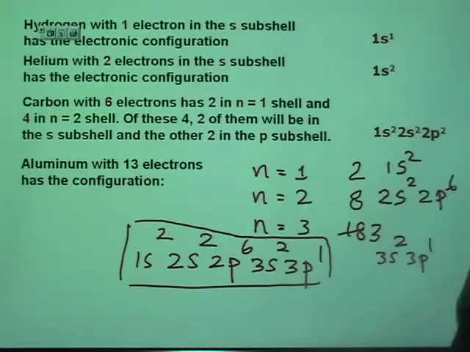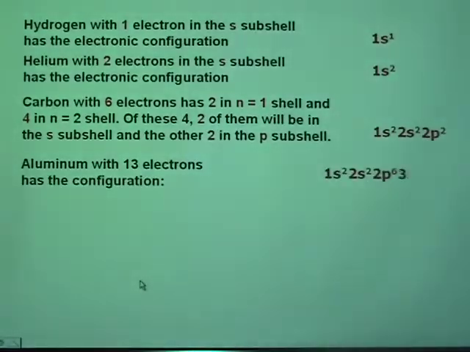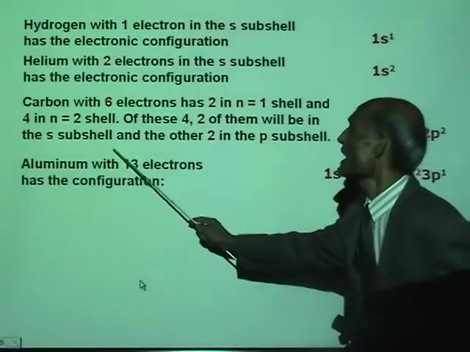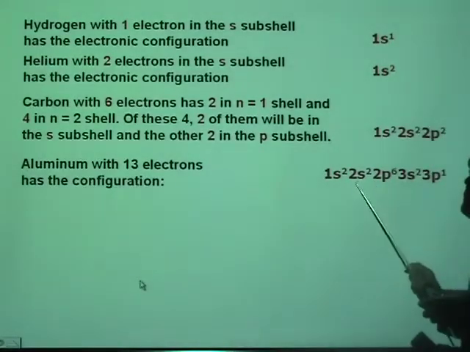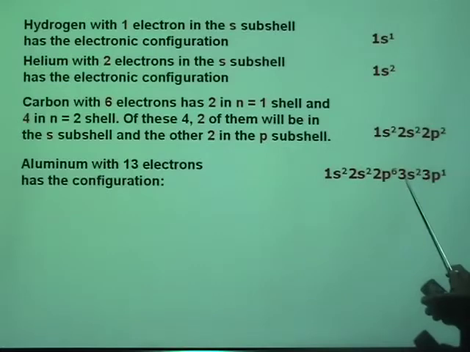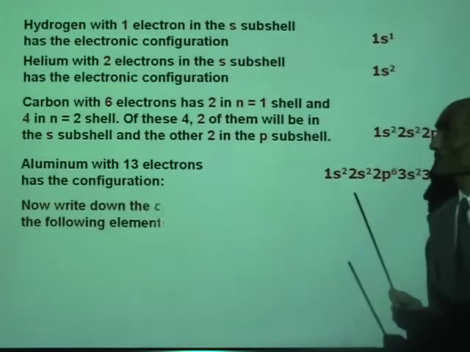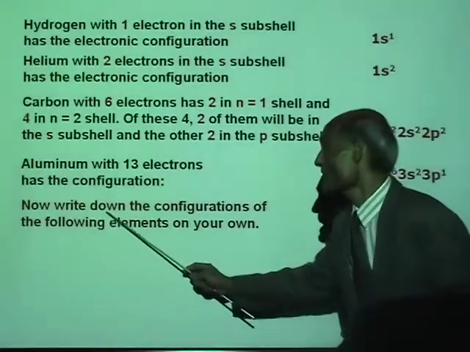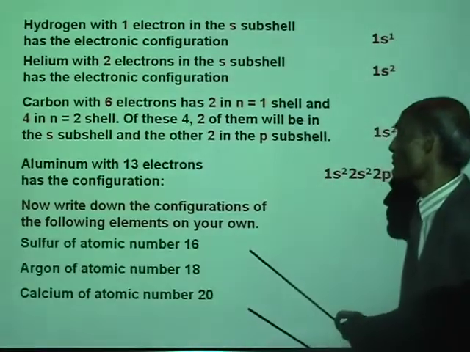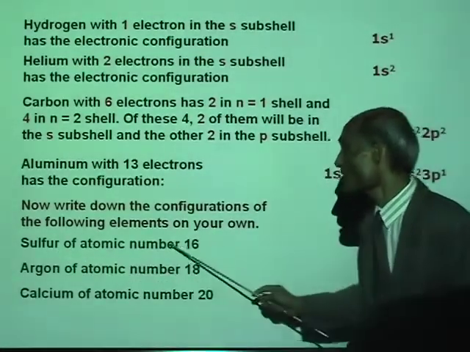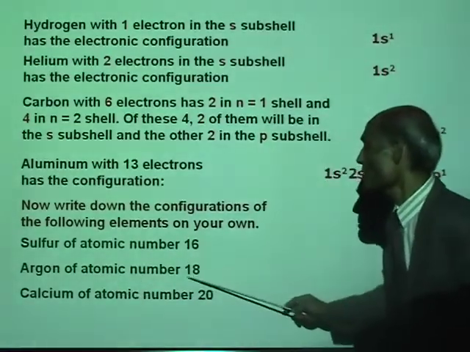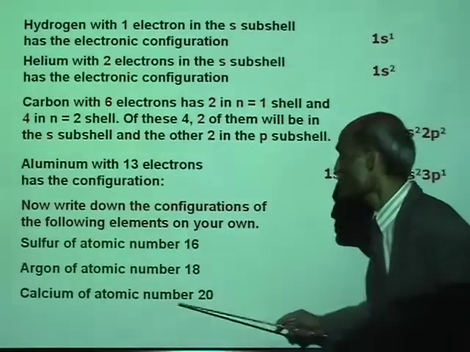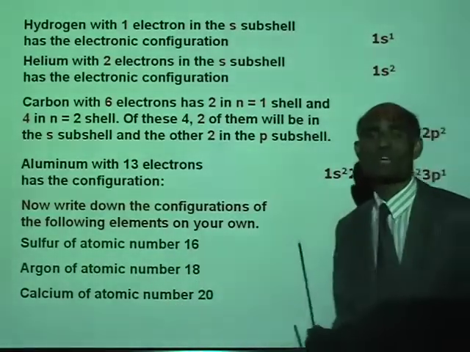Okay, I'm going to ask you to do one like this on your own. Aluminum with 13 electrons is 1s2, 2s2, 2p6, 3s2, 3p1. Now write down the configuration of the following elements: sulfur of atomic number 16, argon of atomic number 18, calcium of atomic number 20.